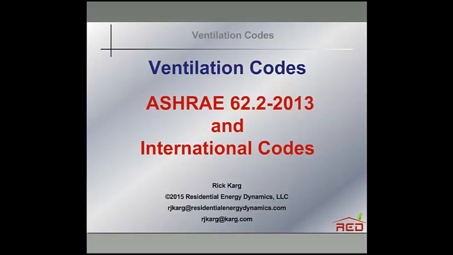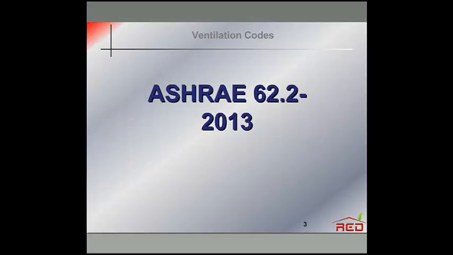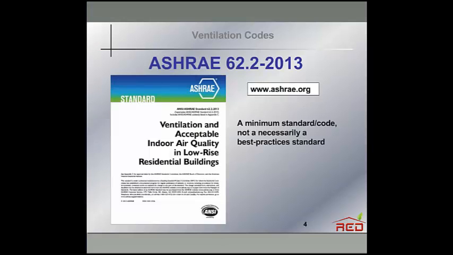This ASHRAE standard is released every 3 years also, but the next one will be in 2016. I am going to say a few things about the ventilation requirements of the international codes as I move through this. A little bit about me. Pete already talked about me a little bit, and that's fine. Thank you, Pete. And off into ASHRAE 62.2 2013.